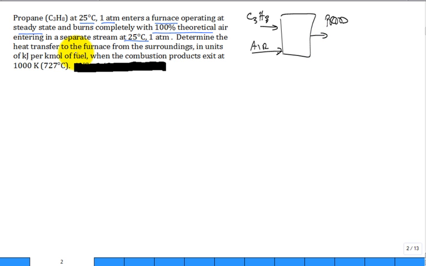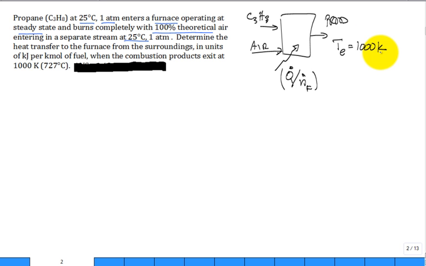Determine the heat transfer to the furnace, so that's this Q dot, in units of kilojoules per kilomole of fuel. So it's really Q dot over N dot of the fuel. When the combustion products exit at a given temperature, so the temperature exit is 1000 Kelvin.